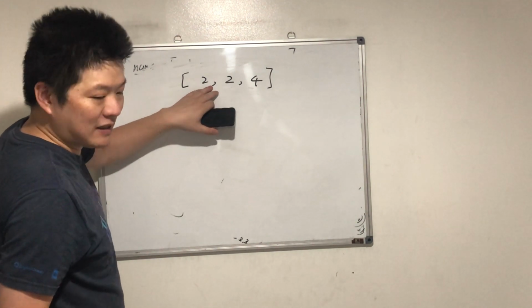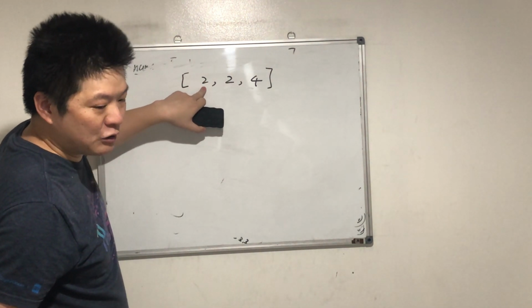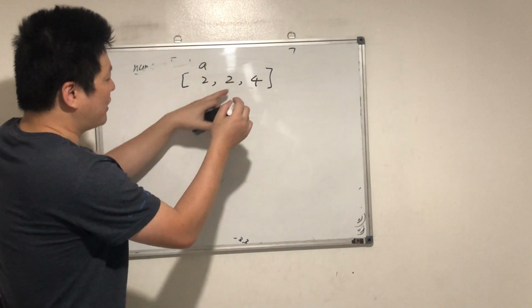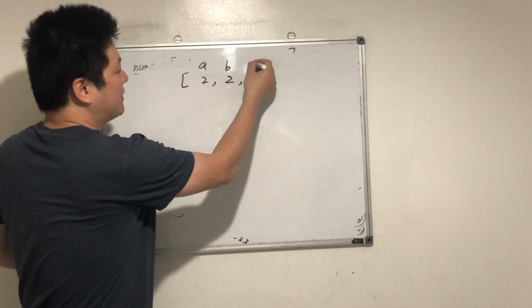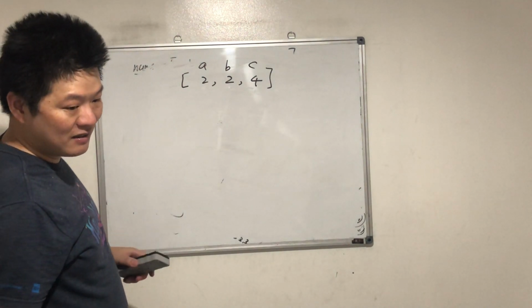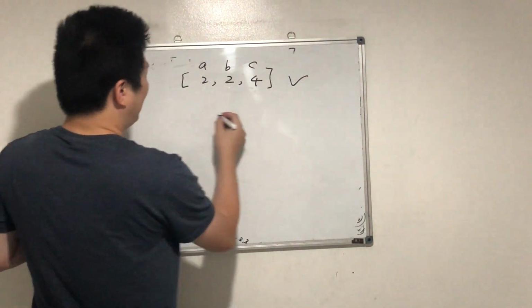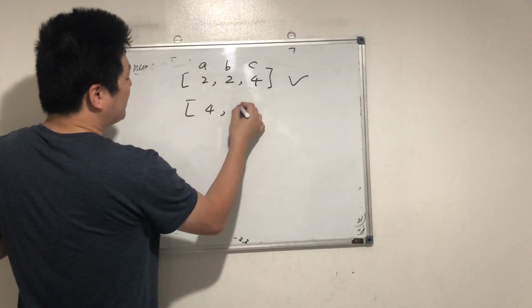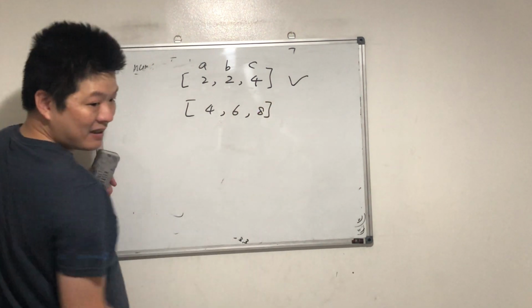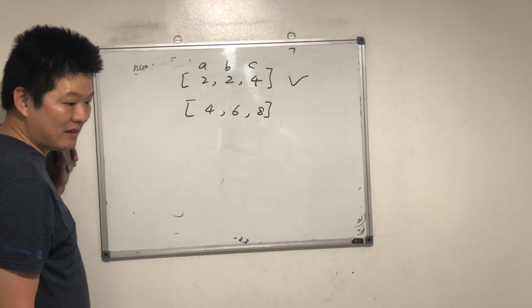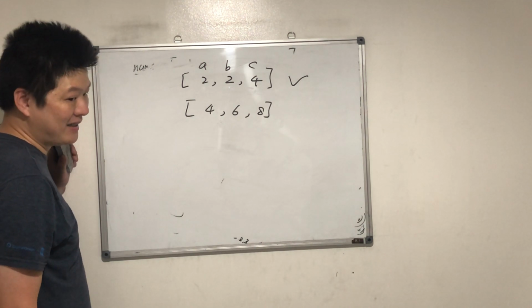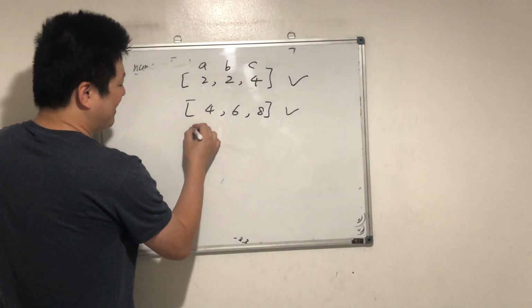Then what I mean is that there are two of element A, two of element B, and four of element C. Okay? And how about 4, 6, 8? Is that okay? Okay, a tricky one.